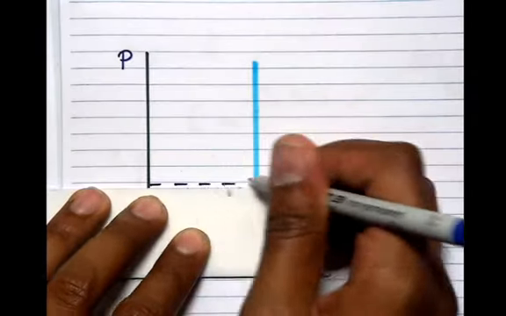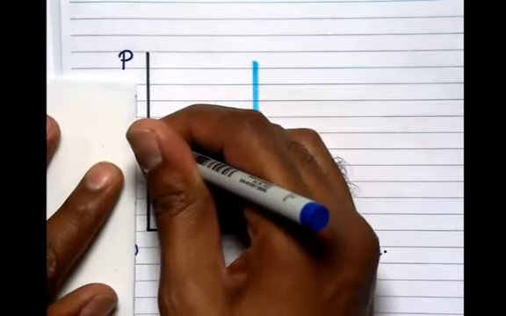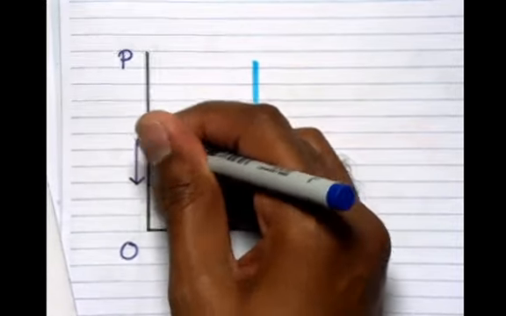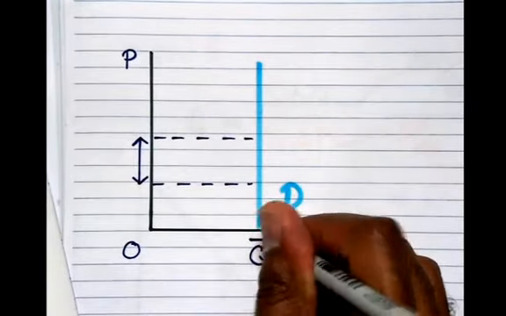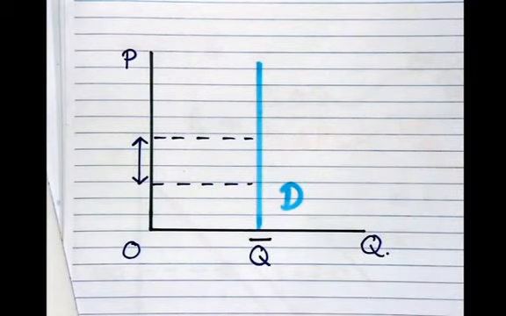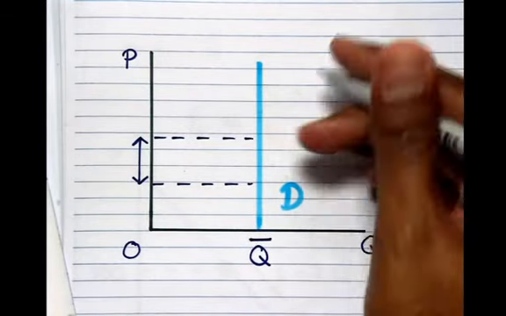No. No matter what happens to the price, whether the price were to go up or go down, the quantity is exactly the same. It is perfectly insensitive to the price. No matter what the price is, the quantity remains unchanged.